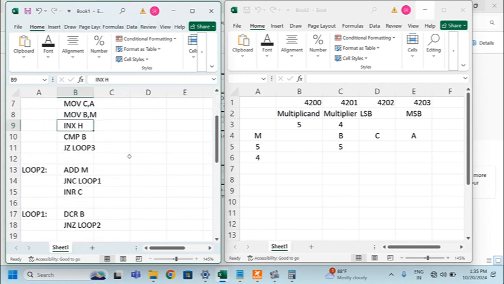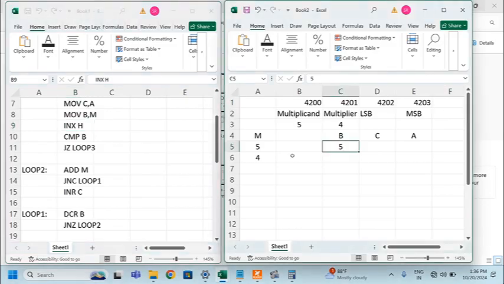If it is not 0, of course now it is not equal to 0. Now 5 is in one register and 4 is in another register. So what we are going to do is add M, that means accumulator is equal to M plus the content of accumulator.